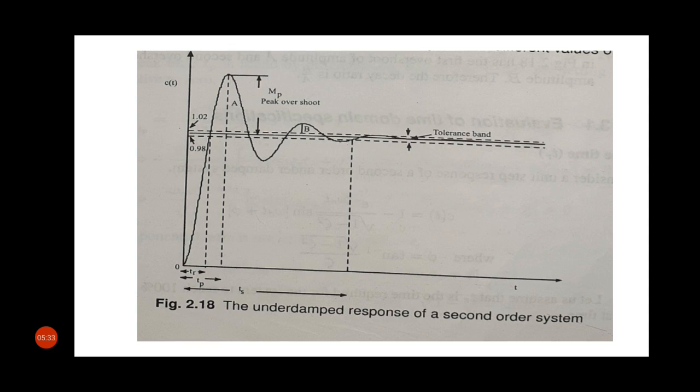Now decay ratio. What is decay ratio? The decay ratio is defined as the ratio of the amplitudes of the first two successive peaks about the steady state value.